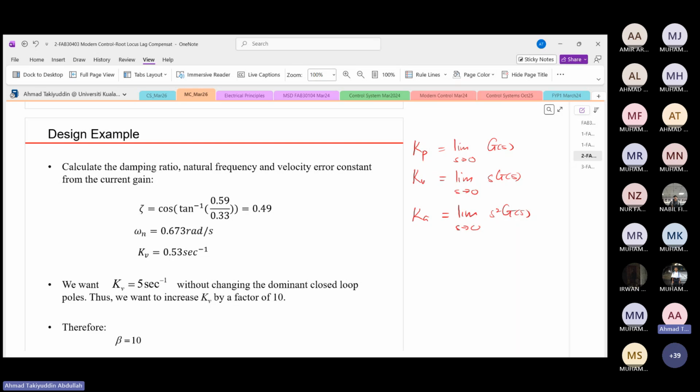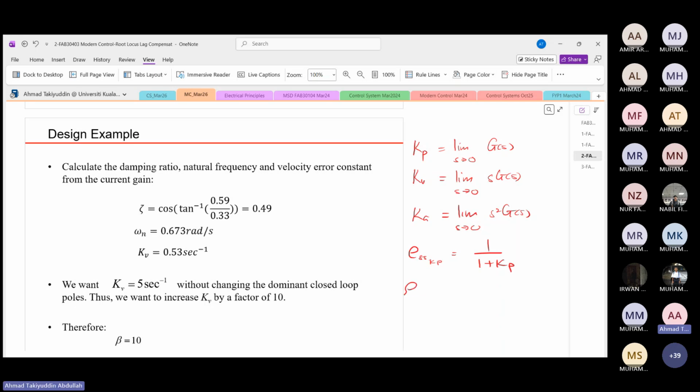Even the static error constant will not be the same, and even the steady state error will not be the same when you consider Kp, Kv, and Ka. The steady state error for Kp will be equal to 1 over 1 plus Kp.